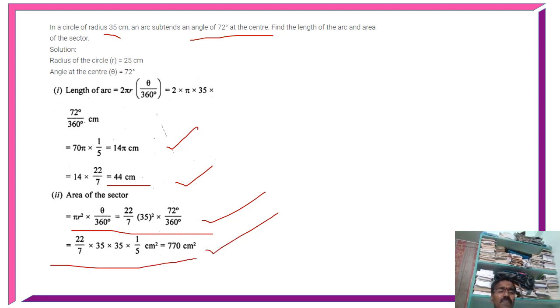After finding the length of arc, here nothing but L, we can use another formula for area of sector, that is area of sector equals LR by 2, when length of arc and radius we know. Of course, same formula, same answer you get.